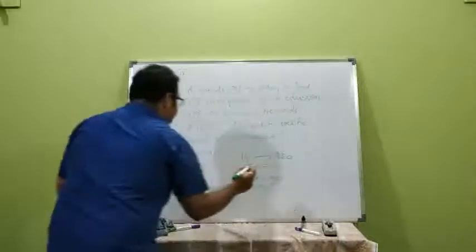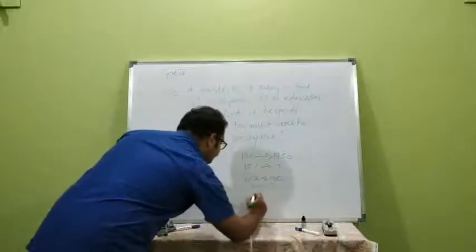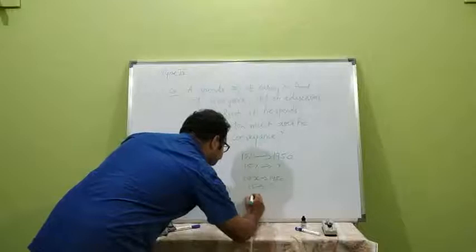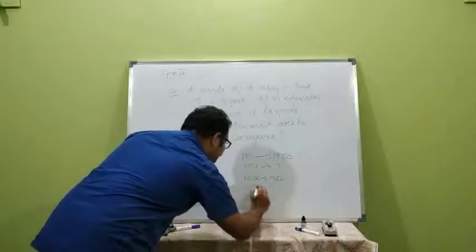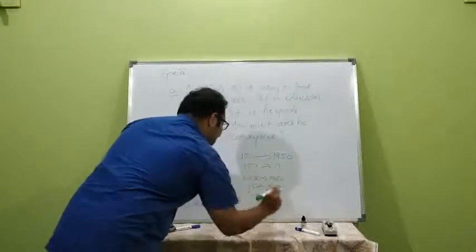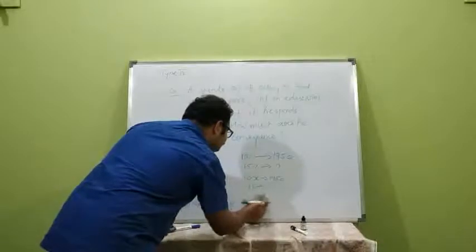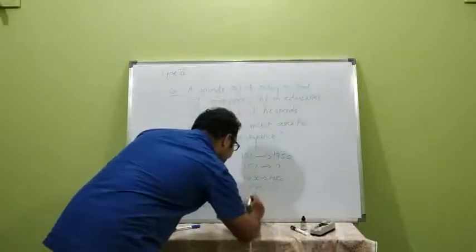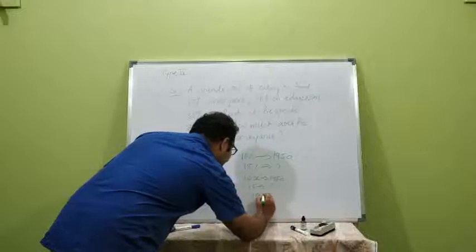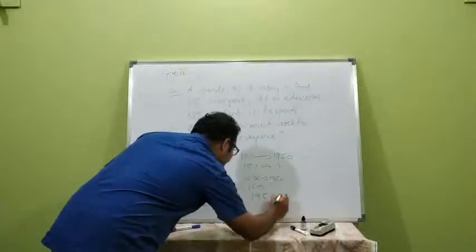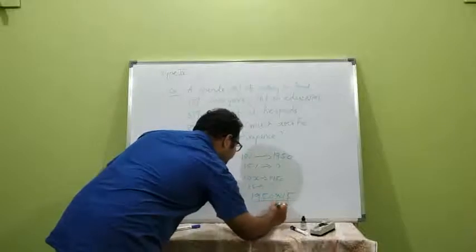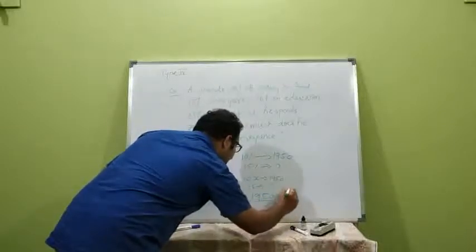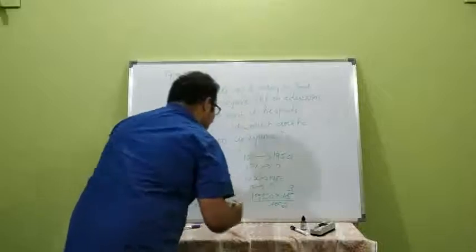So I am going to simplify here. 10x is 1950. 15 is how much? So 1950 into 15 divided by 10.